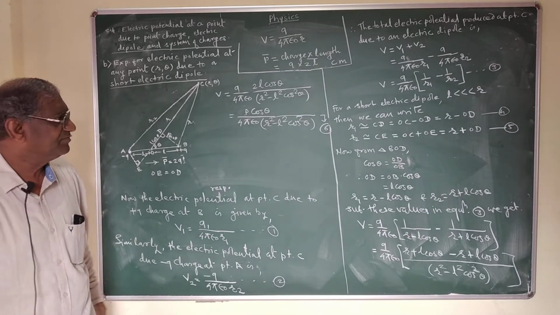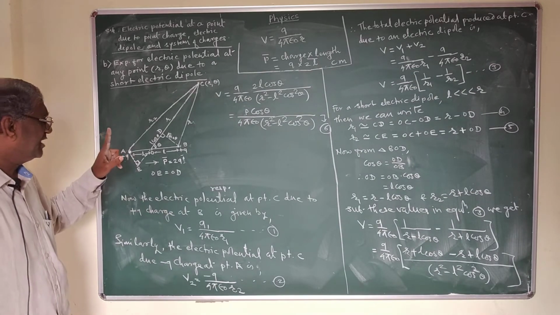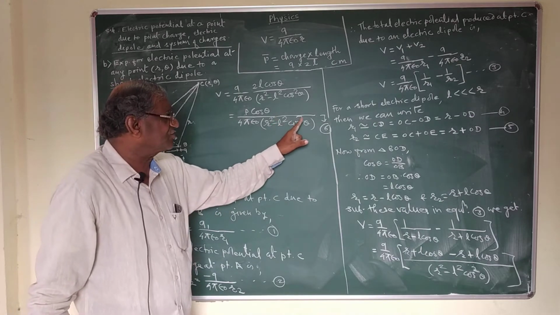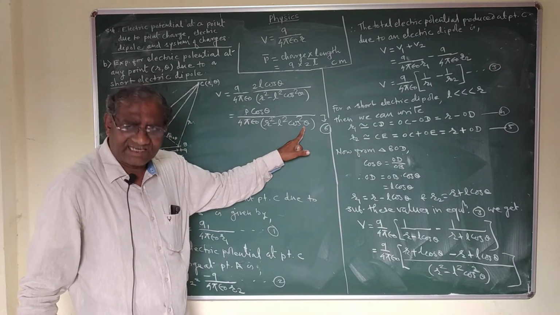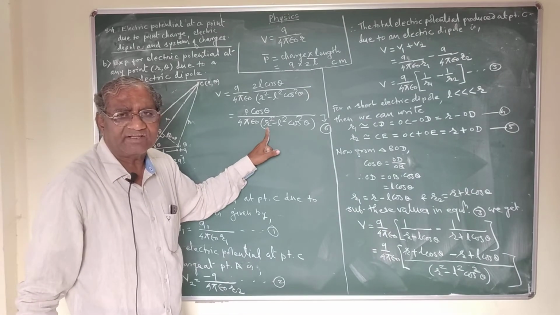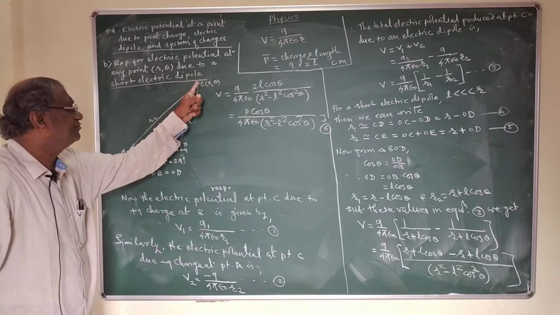Hence for a short electric dipole, the term L square cos square theta is negligible as compared to R square, because R is very large.